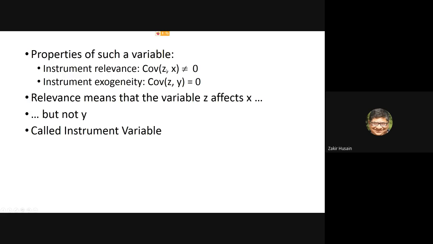So that means X depends on Z. There's a relation between Z and X. But Z affects only X, not Y. Covariance between Z and Y is 0. So if you can identify such a variable, we can use it, calling it an instrument variable.